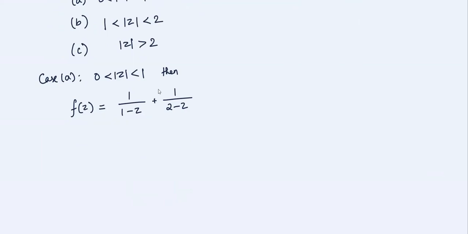So now I will slightly change this: 1 by 1 minus z plus, I will take 2 outside, 1 by 1 minus z over 2.